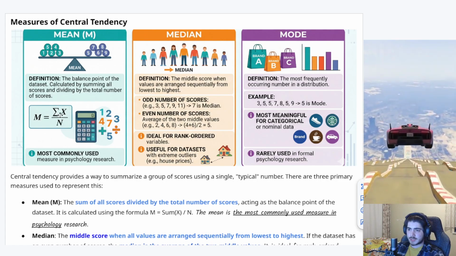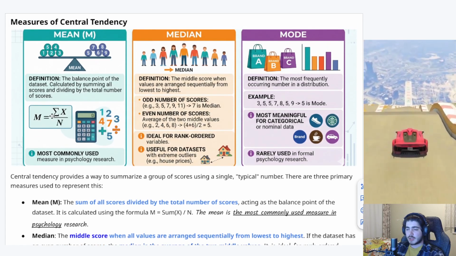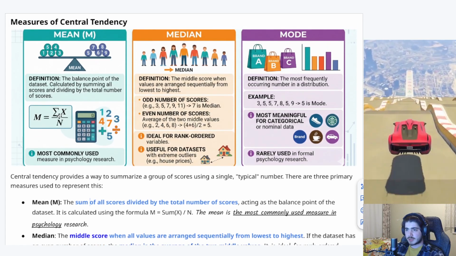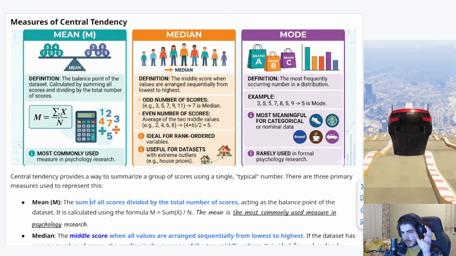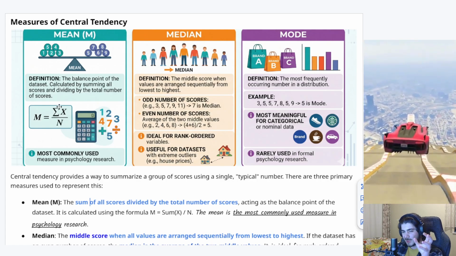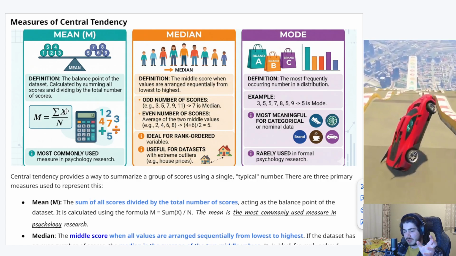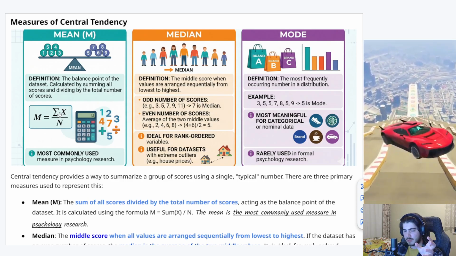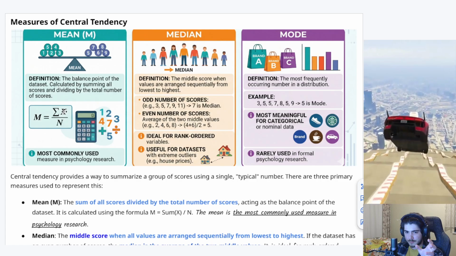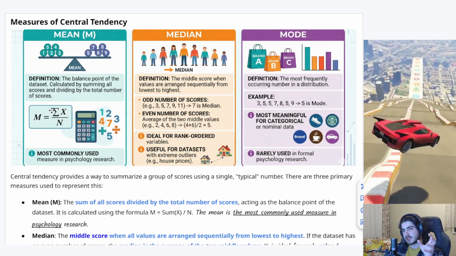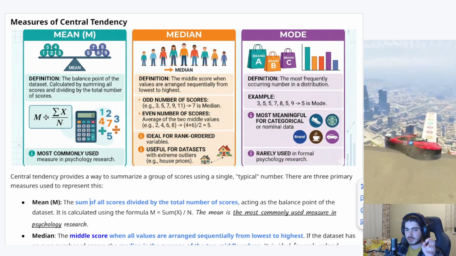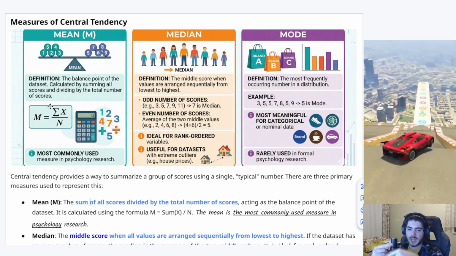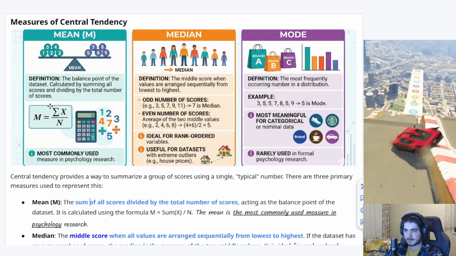So the sigma sign here just means sum all of the data that come after it. X means individual scores, so it just says sum all of the individual scores. This sigma just tells us to repeat the adding operation multiple times.